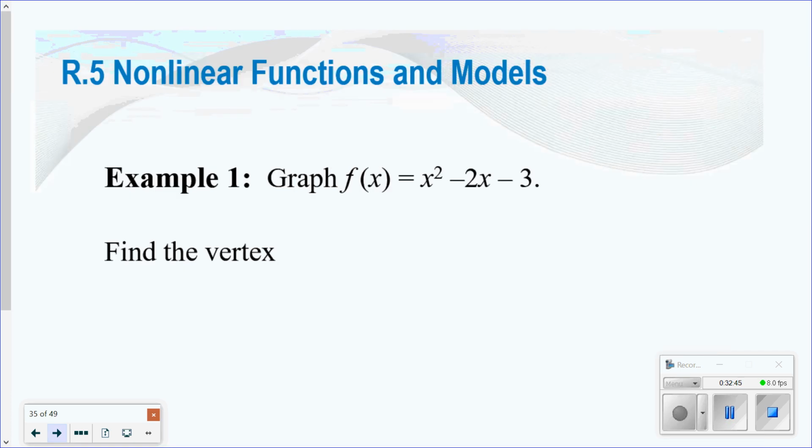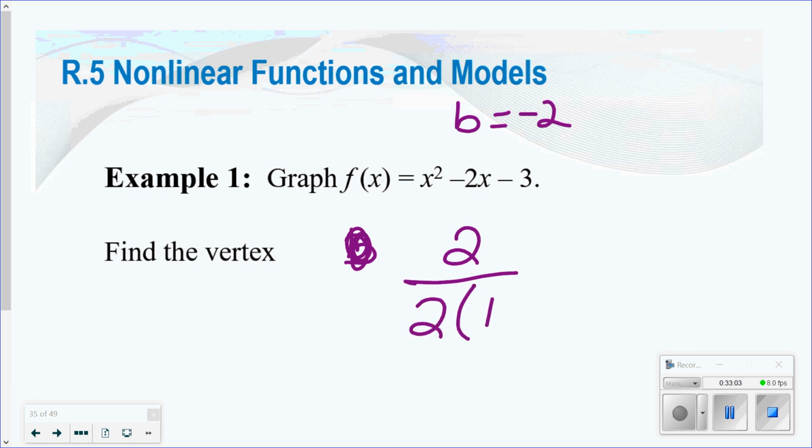So let's find the vertex of this one. Negative b, well, b is already negative 2, so negative b is going to be a positive 2, negative negative 2, over 2 times a, which is 1, so that is going to give us 1. So our x value is 1.